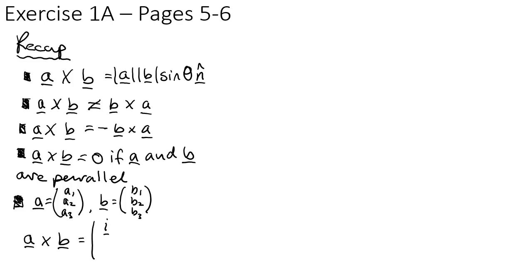So that will be this, i, j, k, A1, A2, A3, B1, B2, B3, like this. Okay, so it's going to be i times by its minor. Actually, let me just pause and write the rest out.